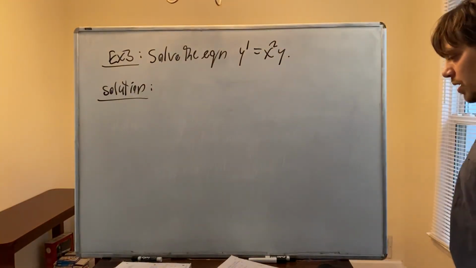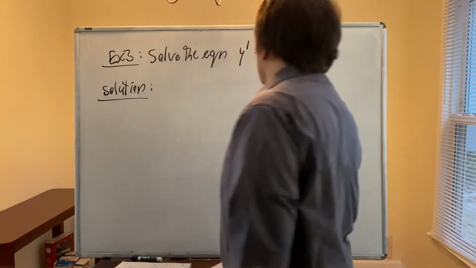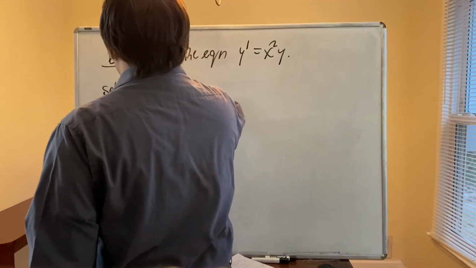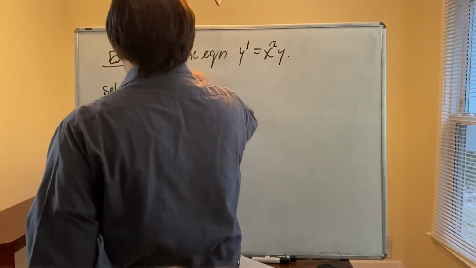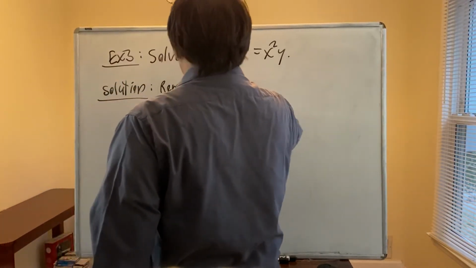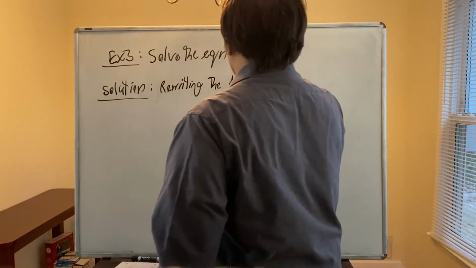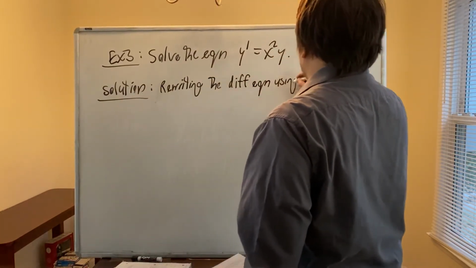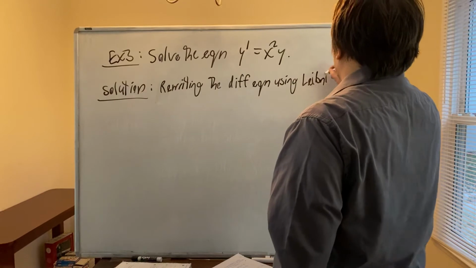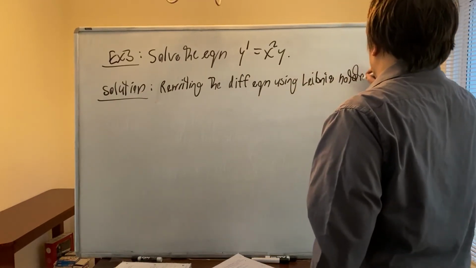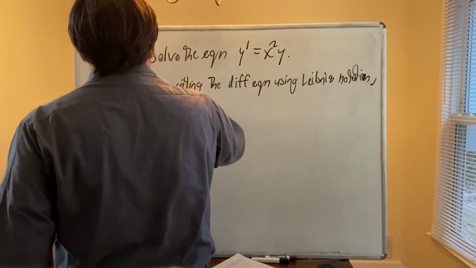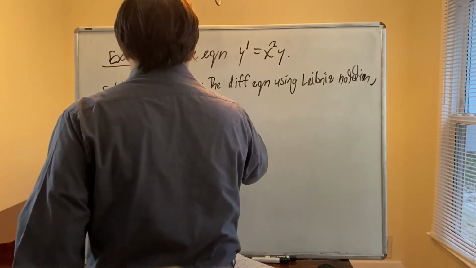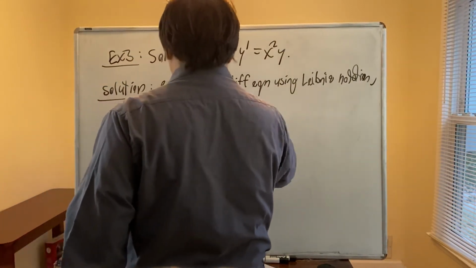Okay, so rewriting the differential equation using Leibniz notation, we get dy/dx is equal to x squared y.